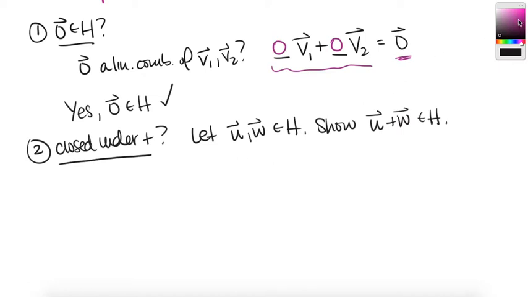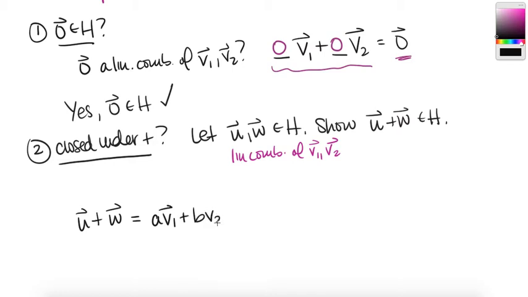Remember, u and w are going to be linear combinations of v1 and v2. So whenever we have u plus w, well, u is some linear combination of v1 and v2, so we could write it as a v1 plus b v2.